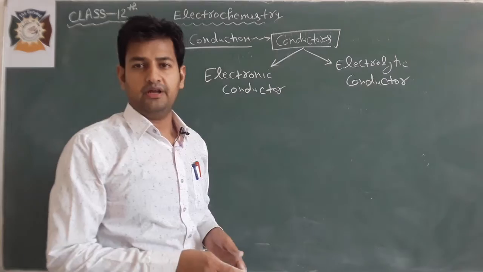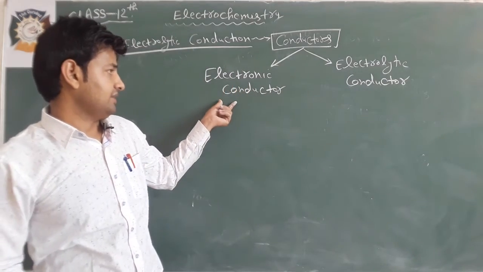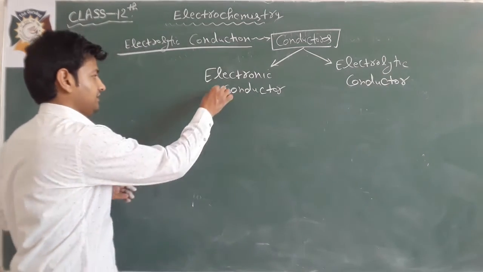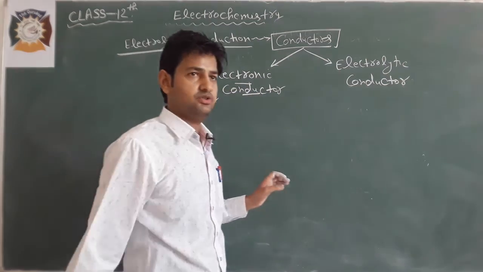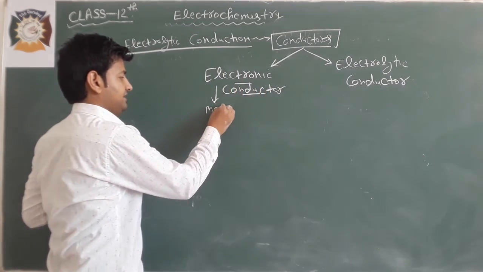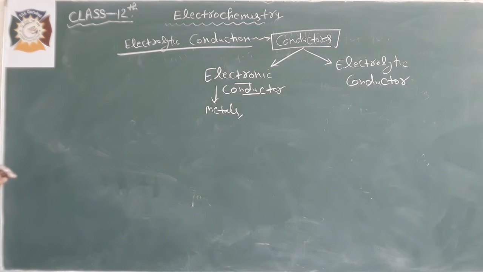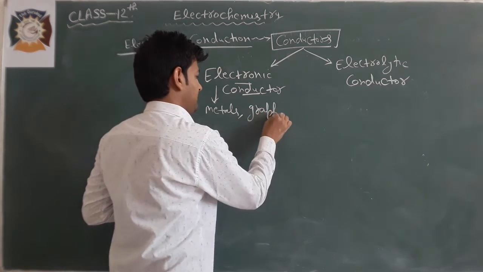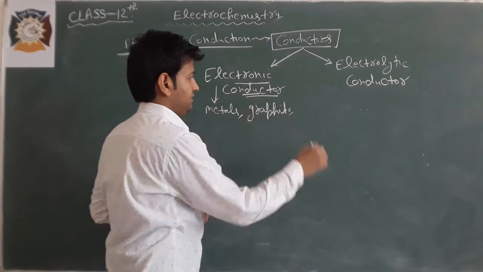Electronic conductors, when current is passed through them, do not dissociate into ions. They do not undergo decomposition. Such types are metals, as well as graphite and certain minerals. Metals, graphite, and some minerals are examples of electronic conductors.